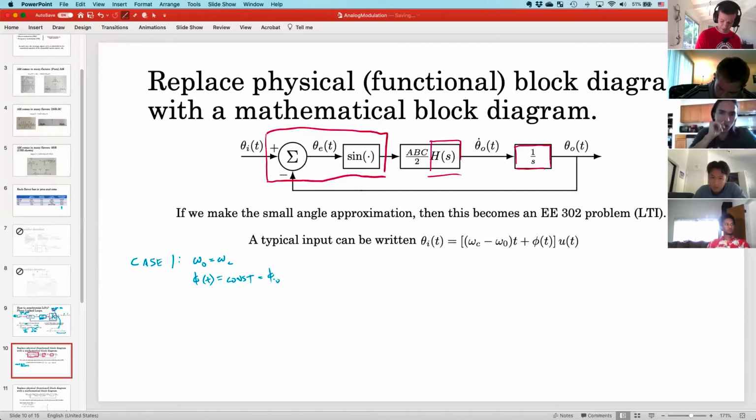So in this case, then the phase of the input wave is going to be, in the Laplace domain, theta sub I of S is, what do we get here? If I make the simplifying assumption that the frequency that we see is the frequency that we expect, and also that the phase that we see is a constant non-zero offset phase, what would the Laplace transform of the input signal to this block diagram be?